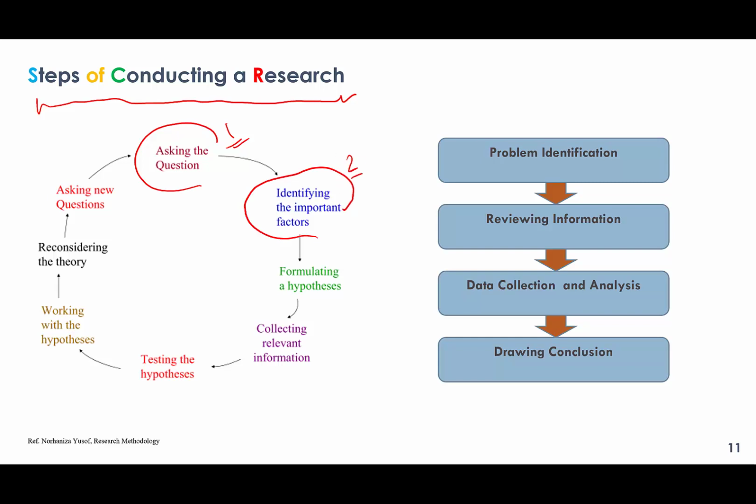For example, you ask a question: what are the risk factors for liver cancer or for lung cancer? In this step you should identify the important factors. In this step maybe you can go through the related studies, or based on intuition you propose new factors.